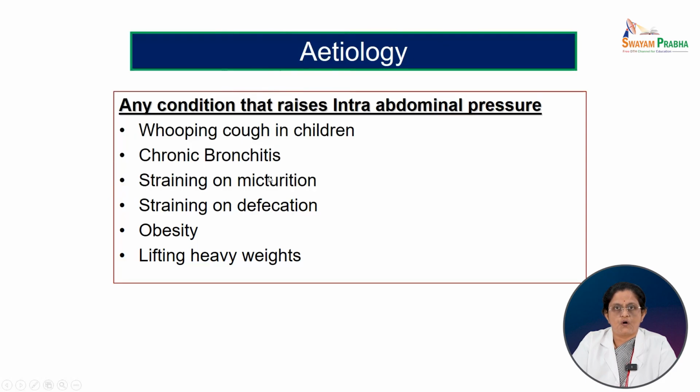Patient can have chronic bronchitis where he keeps coughing. Straining on micturition, certain clinical conditions cause straining on micturition, straining on defecation, obesity, lifting heavy weights. These are the predisposing factors for occurrence of hernia because there is going to be a rise in the intra-abdominal pressure.